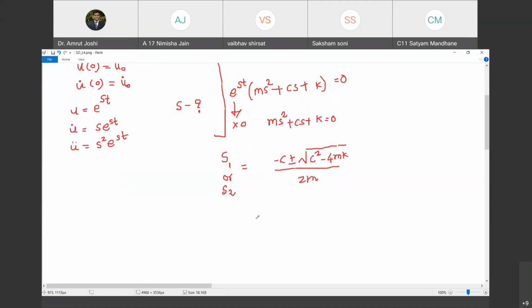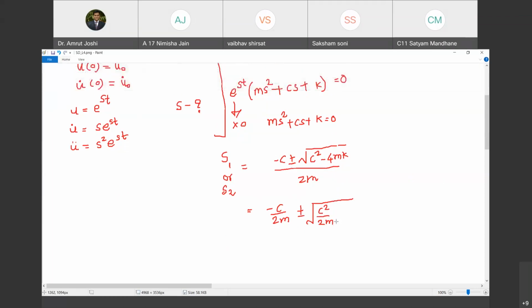Yes. So this is going to be equal to minus c upon 2m plus or minus square root of c square upon 2m. 2m when it goes inside the square root sign is going to become 4m square. I think you will agree with me.